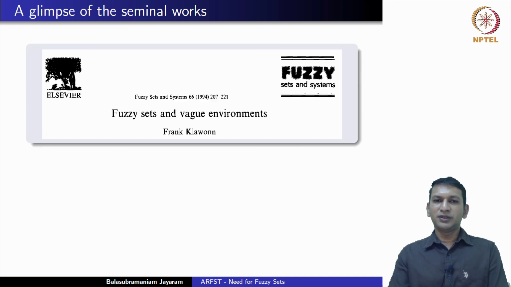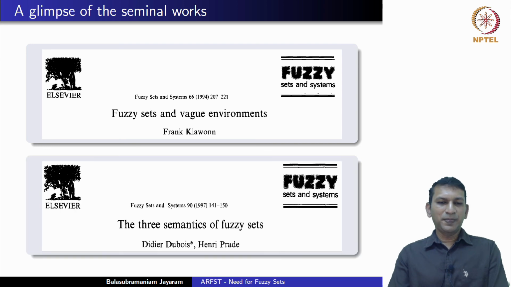The first of them was almost 25 years after the first paper on fuzzy set theory by Zadeh, by Professor Frank Lavon, where he discusses fuzzy sets and vague environments, and this could probably resonate with you given the content that we have covered in this lecture. And finally, there's another very well-known, well-cited paper by Dubois and Prade, which deals with the different semantics that you could assign to fuzzy sets.